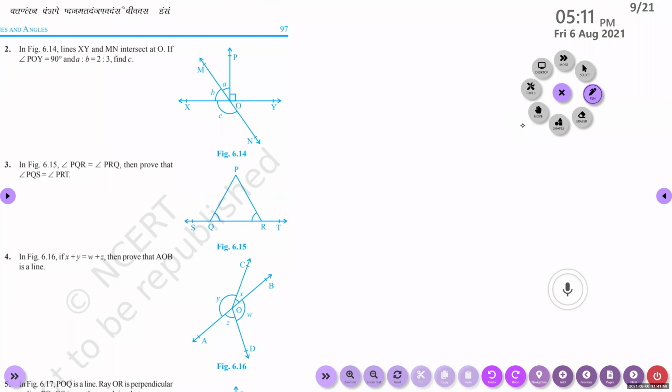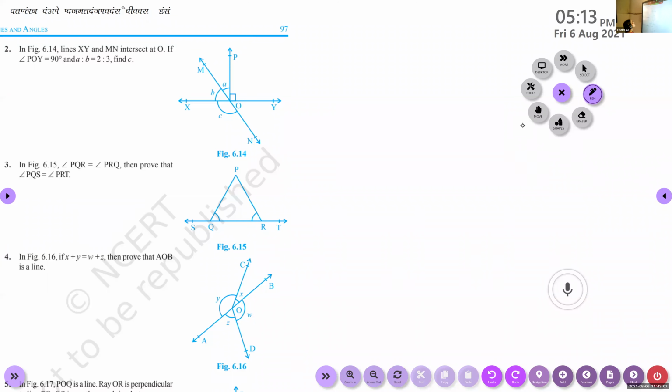Which question? The second one. Draw the figure also.